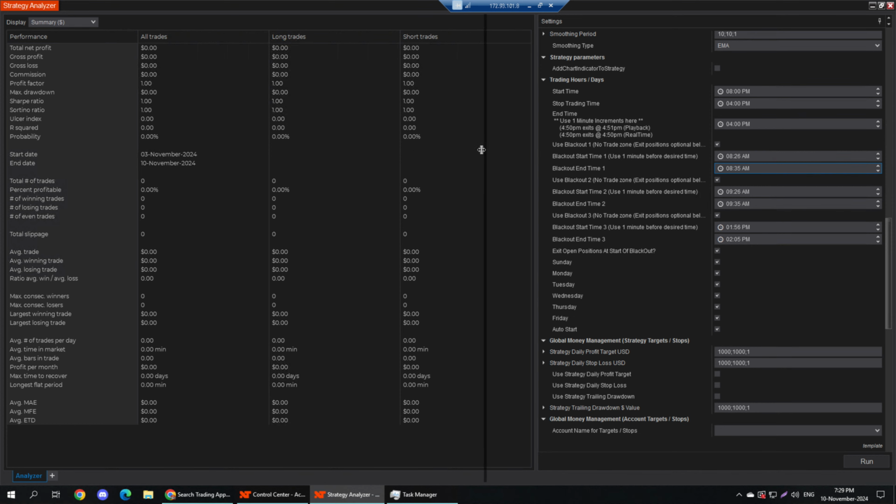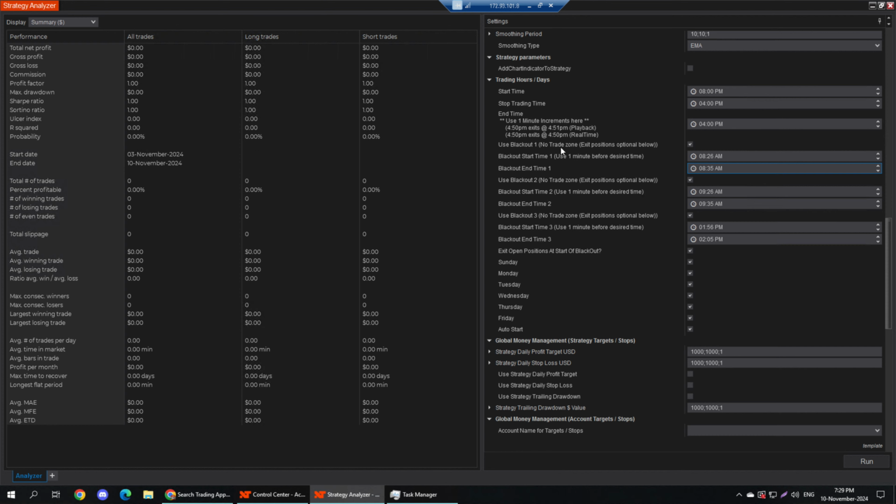And there is an option over here to exit open positions at the start of the blackout. So the strategy will be trading with whatever hours that you have selected, but you can select an option over here to exit any open positions that are in the market at these times.